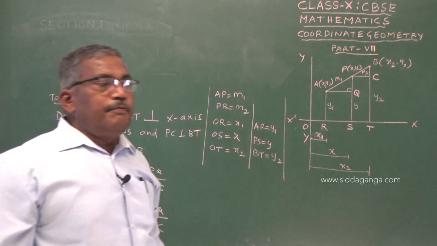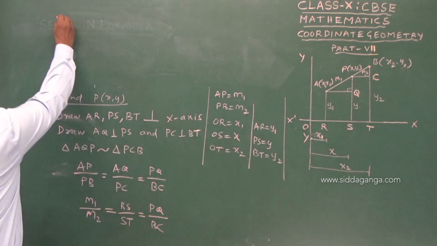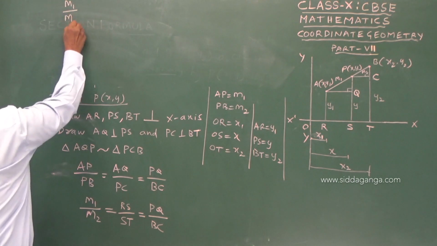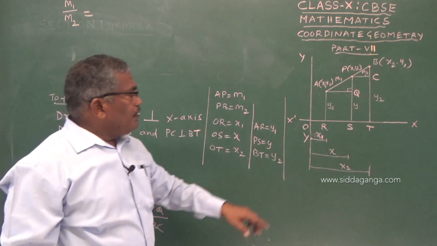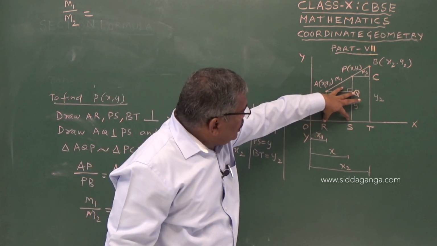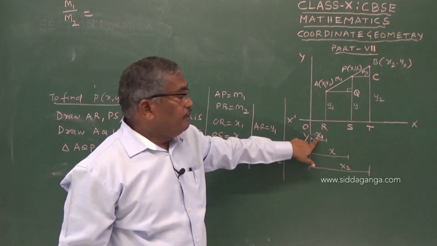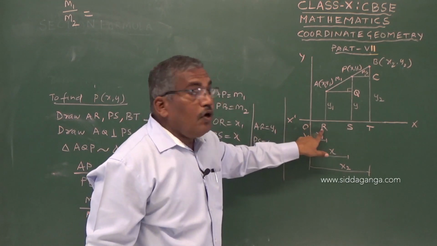The next step is very important. You have to understand that. Now I am continuing from here. M1 by M2 equals RS. I want this distance. RS is total x minus x1, or I will say OS minus OR.